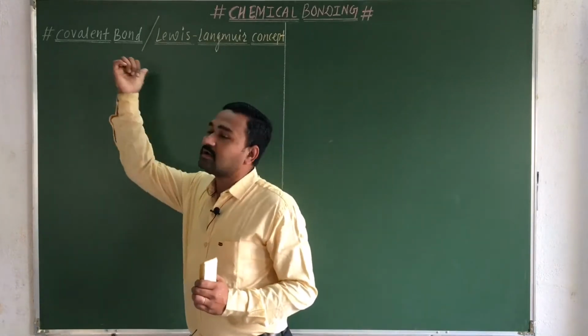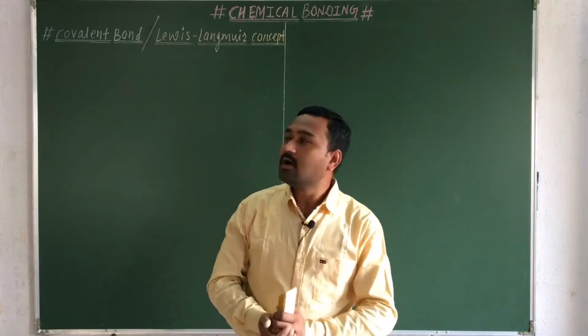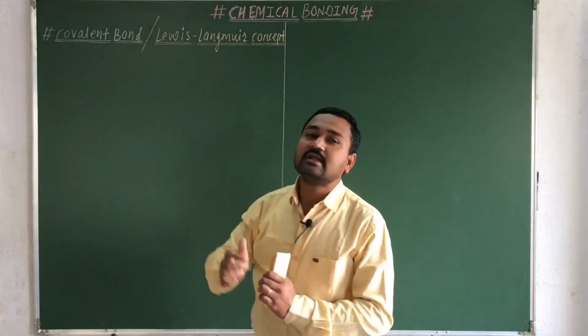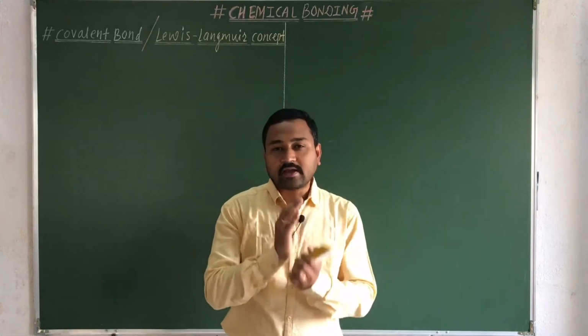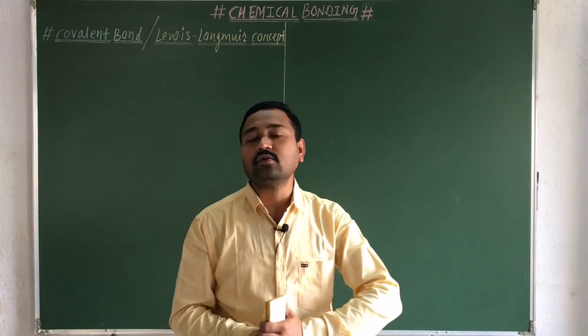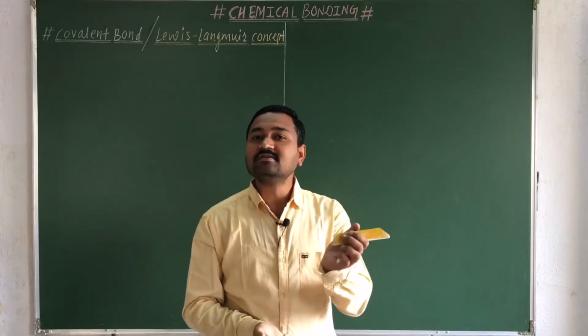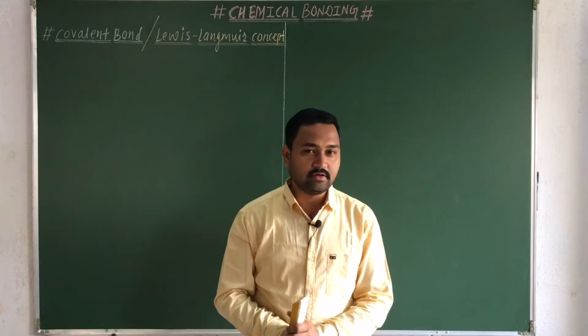Here we are going to learn about the covalent bond, also known as the Lewis-Langmuir concept. Here we again consider the same factor, electronegativity. There we considered a large difference in electronegativity.